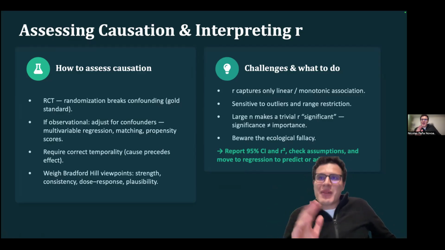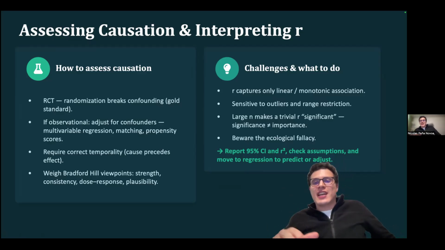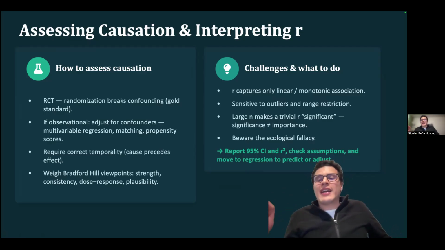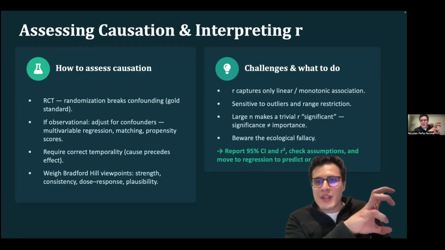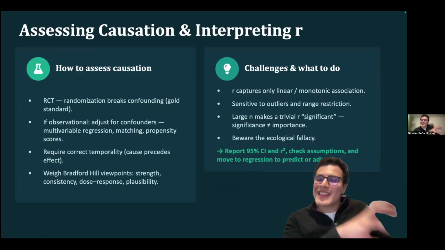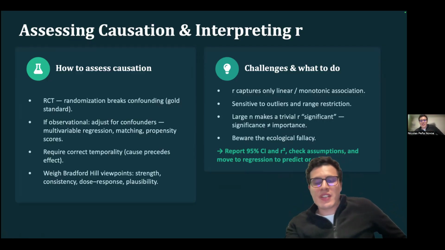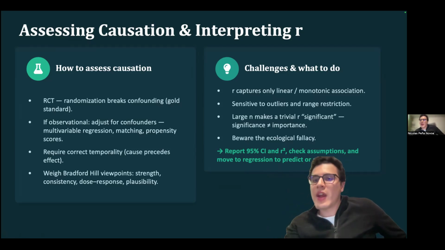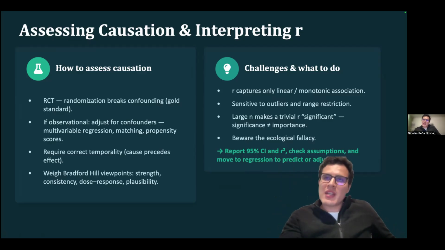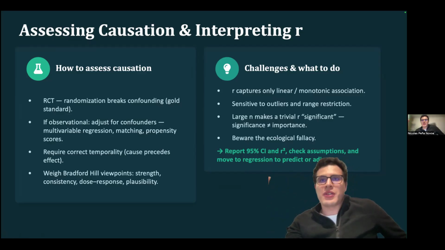And be aware of the ecological fallacy: you cannot extrapolate a study that is specific to one region of the world to another region, because you have to make another study in the other region to be sure that you find a real correlation or a real association.